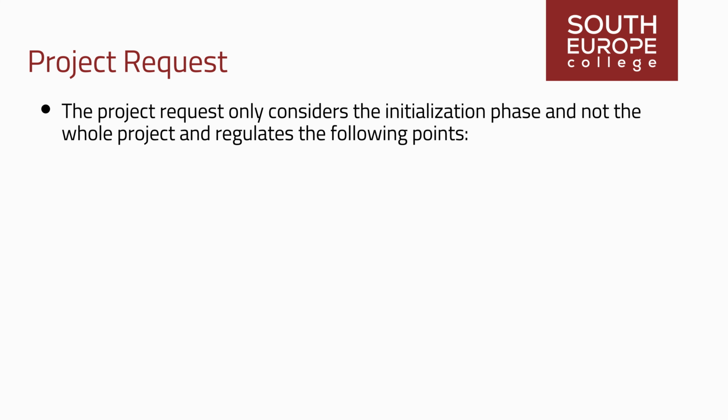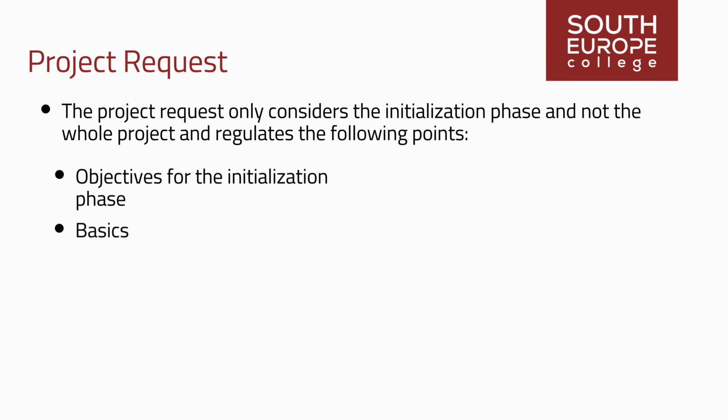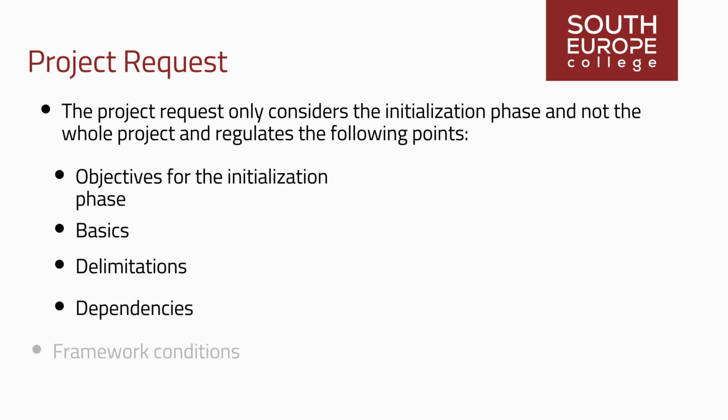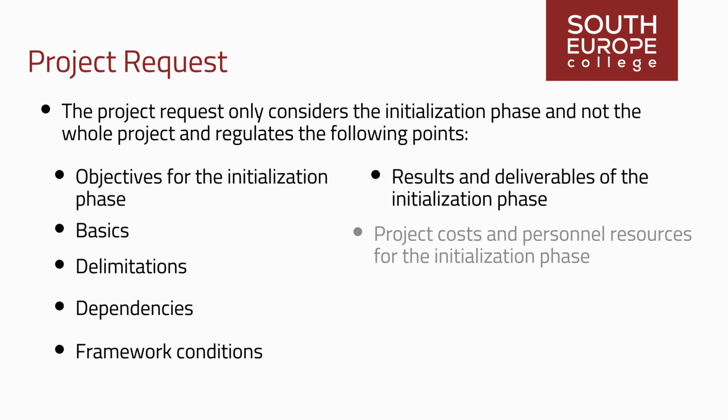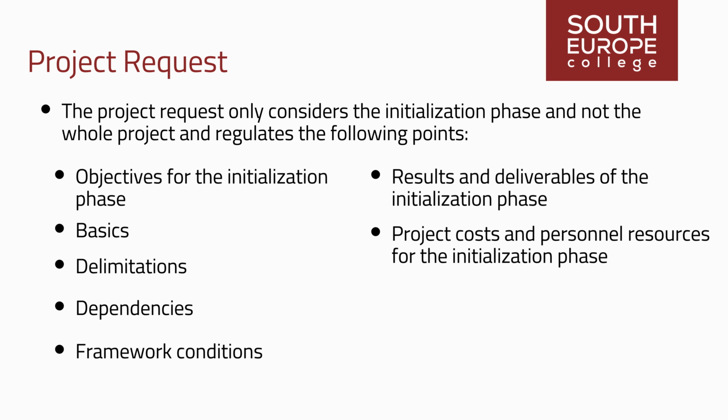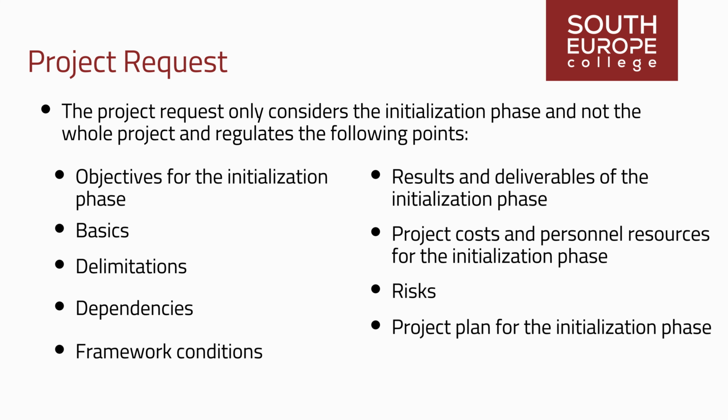The project request only considers the initialization phase and not the whole project, and regulates the following points: objectives for the initialization phase, basics (on what preliminary work or basics is the project based), delimitations, project boundaries, project scope, dependencies, framework conditions, results and deliverables of the initialization phase, project costs and personnel resources for the initialization phase, risks, project plan for the initialization phase, procedure and schedule.